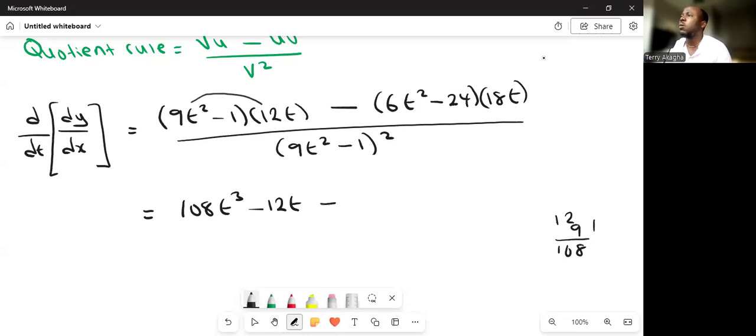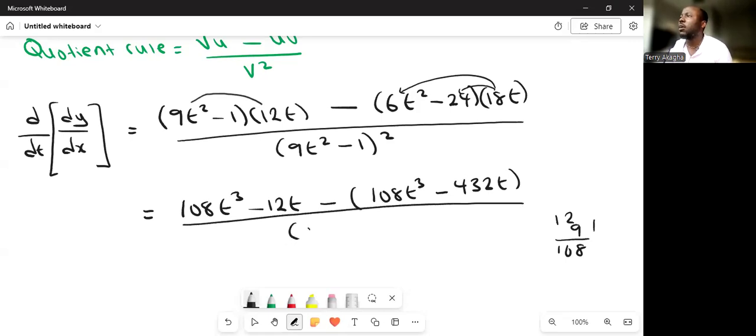The same thing, we're going to open the bracket. So we have 18 times 6t squared, which gives us 108t cubed. Then we have 18 times minus 24, and that will give us minus 432t. Now all this is divided by 9t squared minus 1 all squared.